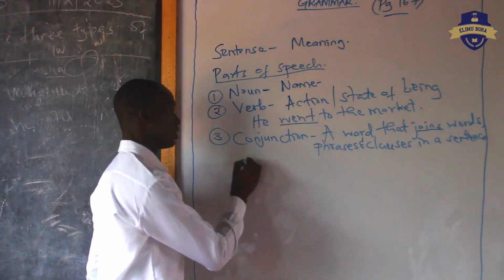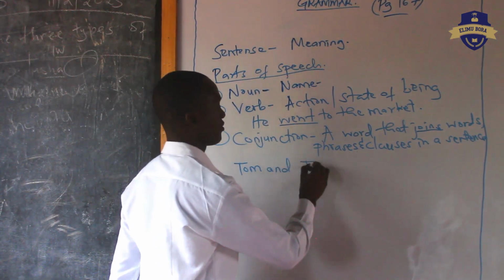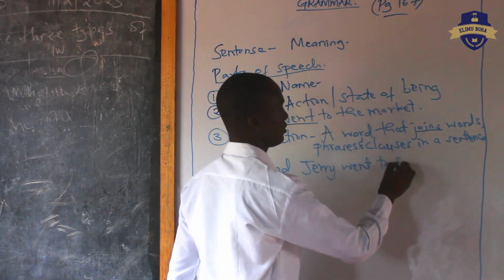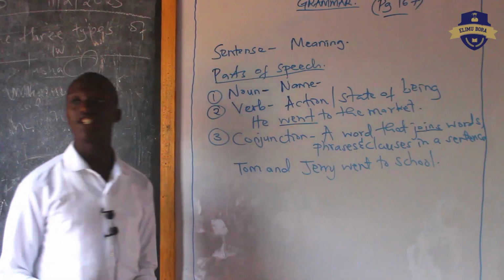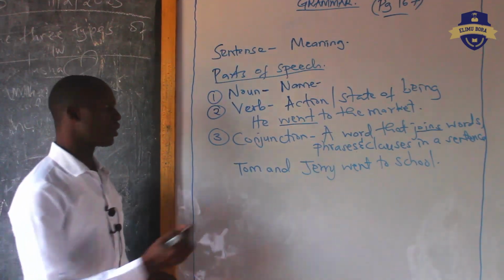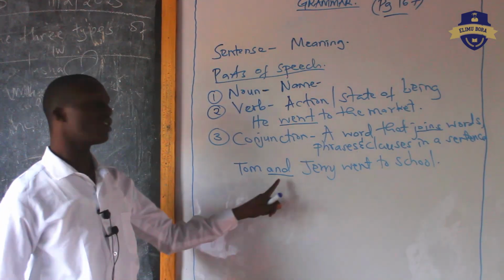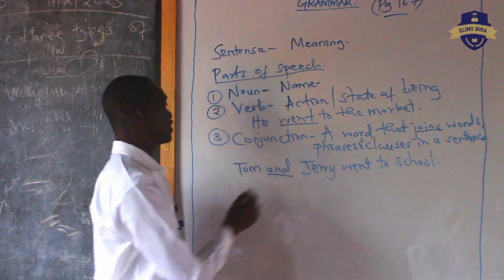For example, Tom and Jerry went to school. So you have a conjunction, and, that shows the connection between Tom and Jerry.